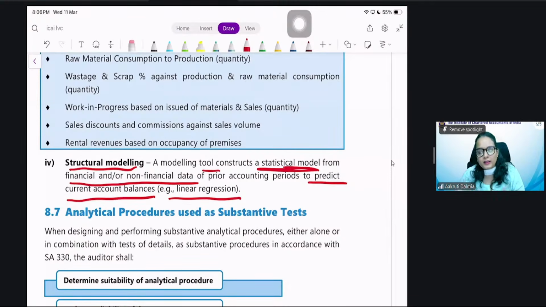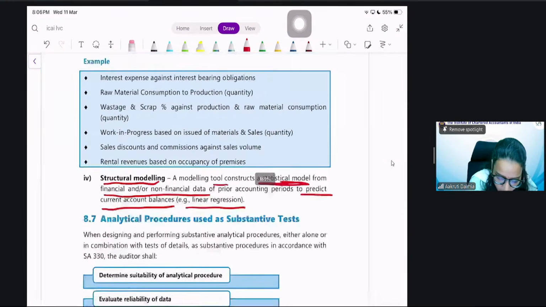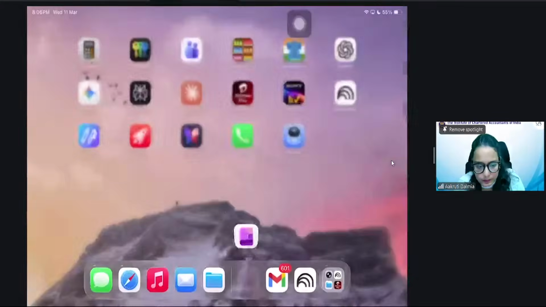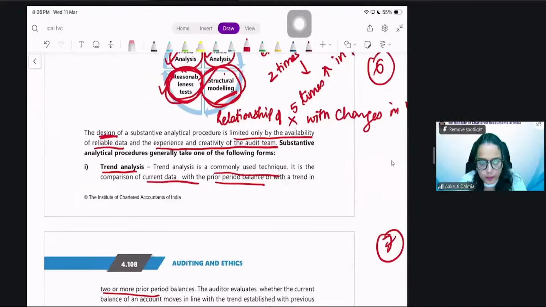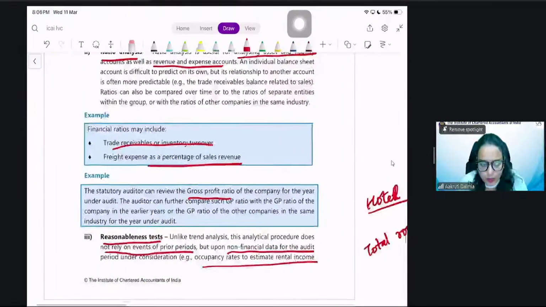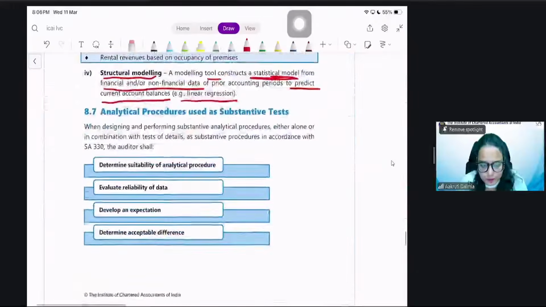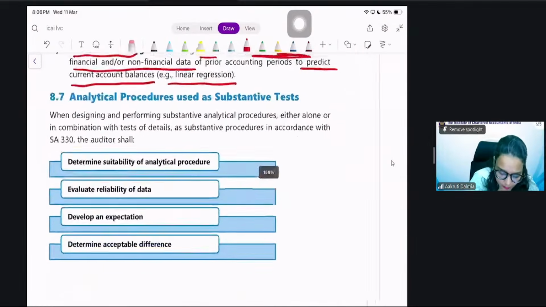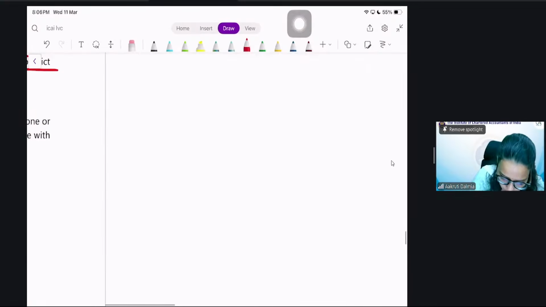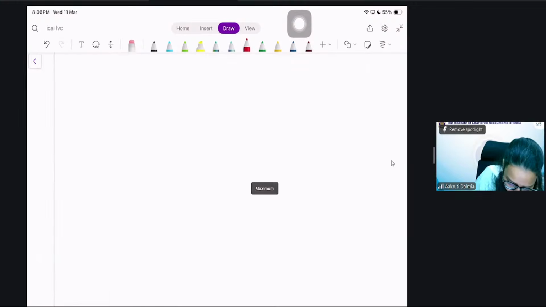So you can do this analysis, that is called structural modeling. So the 4 techniques are over. Can I move on to the next topic? Techniques are over. Okay. So if you want to use analytical procedure as a substantive test, pay attention.